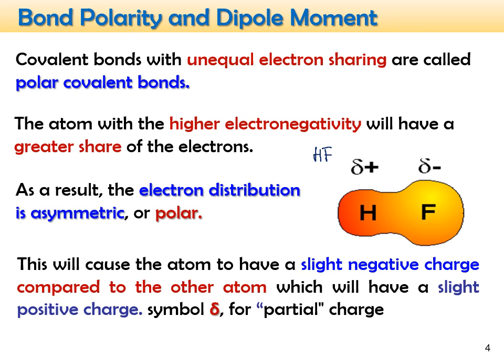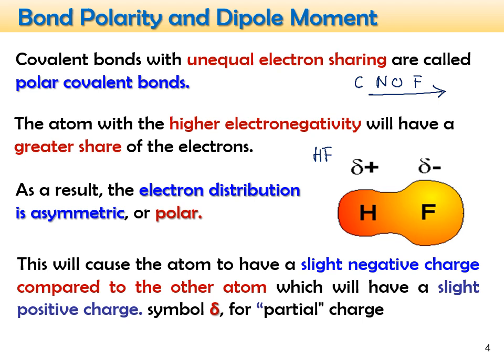Hydrogen is partially positive, and fluorine, according to this method of remembering the order of electronegativity, is the most electronegative atom, so it is partially negative.